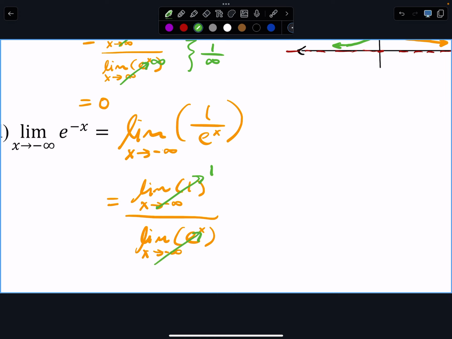This would go to, from a numerical perspective, if I were to plug in negative 1 million, wouldn't that be 1 over e to the 1 millionth power? Or negative 1 billion? That would be 1 over e to the 1 billionth power, where those values for e to the x would just be getting smaller and smaller and smaller, approaching 0.